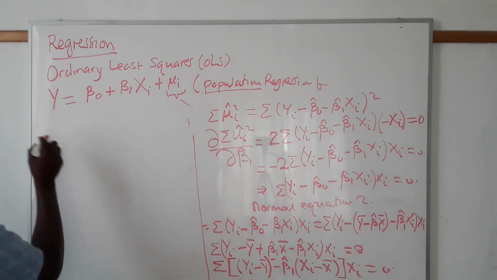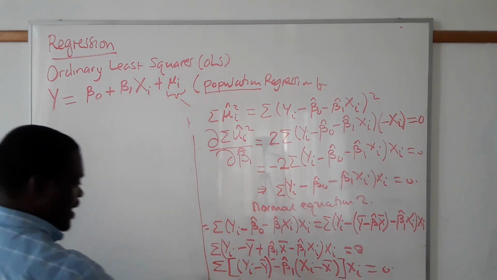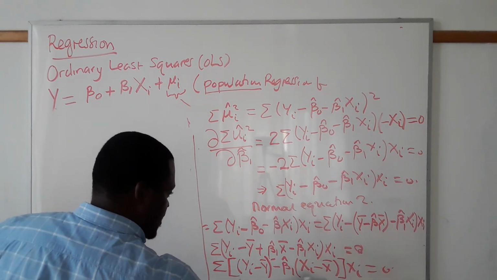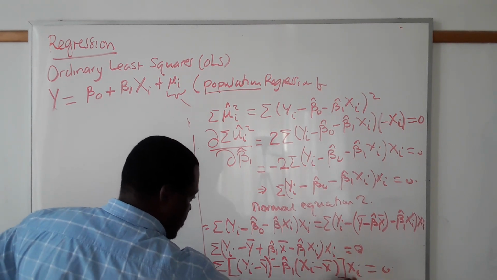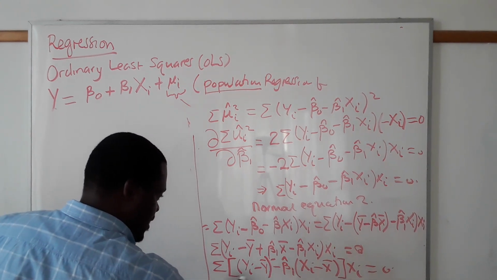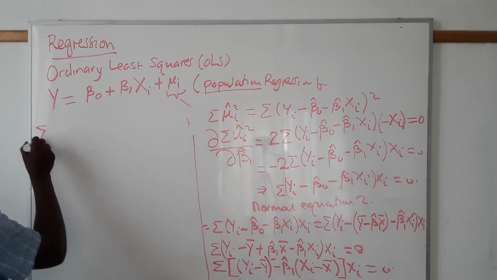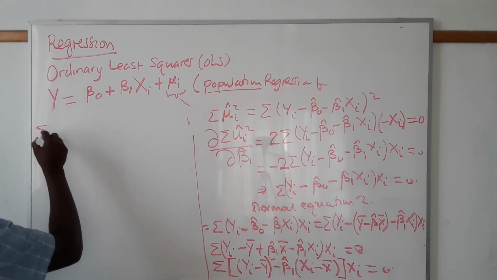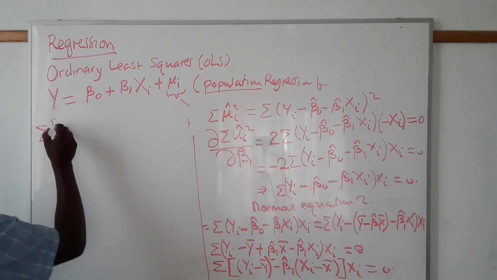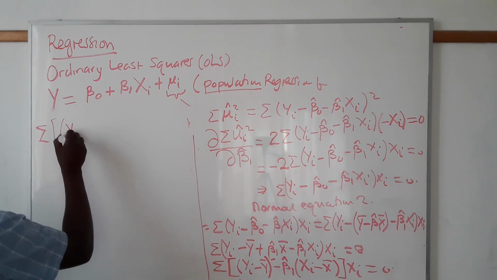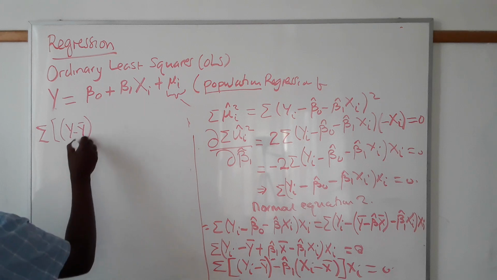So now we can distribute the summation sign while also multiplying everything by xi, just to make life easy. So we have y minus y bar.